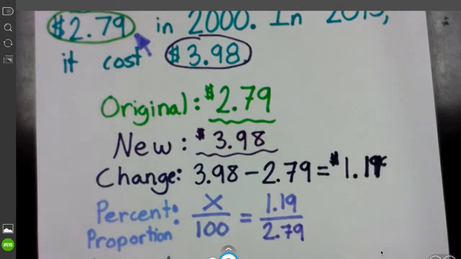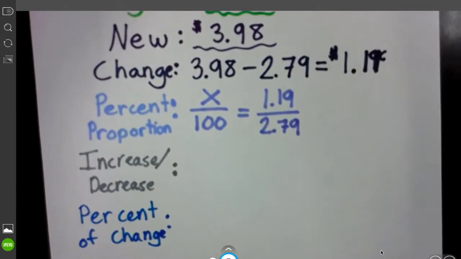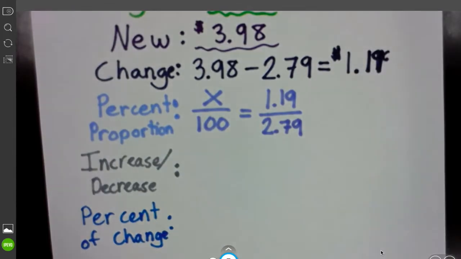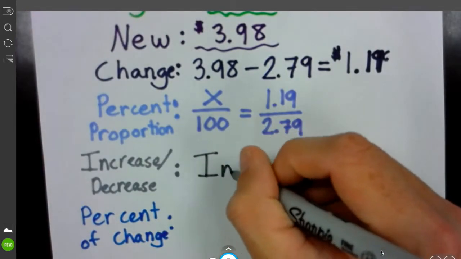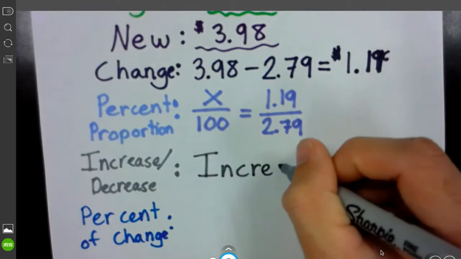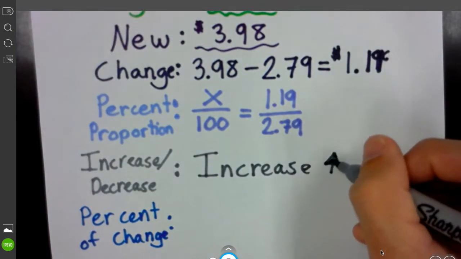All right, so there's your proportion set up. First thing, let's decide, is this an increase or a decrease? Well, we went from $2.79 to $3.98, so we increased the price. So this would be an increase. We went up.